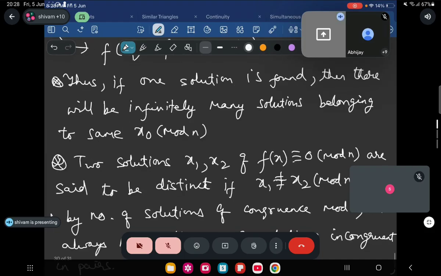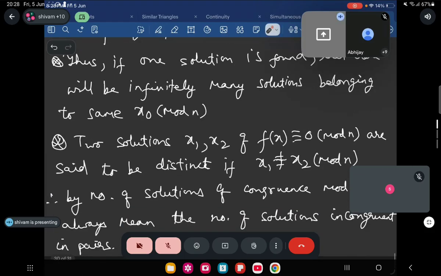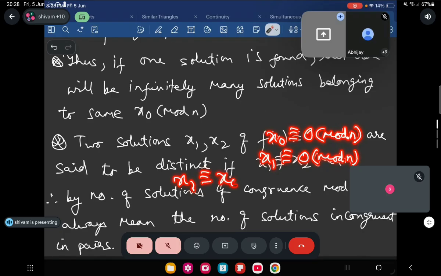Suppose you found a solution x0 congruent to 0 mod n. You have found another solution x1 congruent to 0 mod n, and x1 is congruent to x0 mod n. Then both x1 and x0 are the same solution because they are congruent to each other.